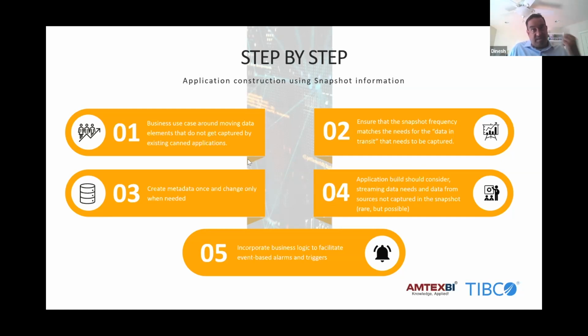You probably have canned applications, dashboard type applications, visual applications, or even self-service type applications. And there are things that get lost in data in transit, that are not captured effectively. That movement in data is not effectively captured. So as a first step, if you're an organization embarking on this process, I would get a hold of the use cases that you will need, that are lost in transit.